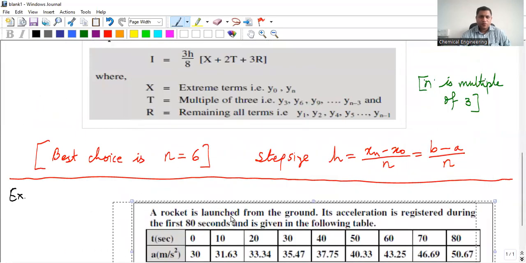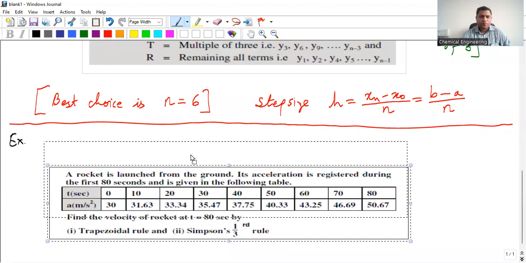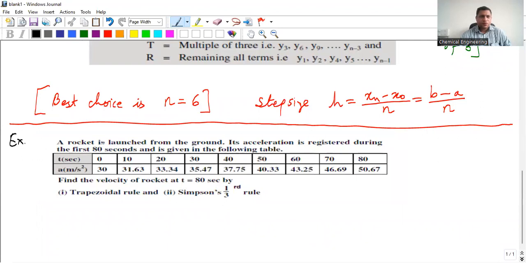Yes, sir. A rocket is launched from the ground. Its acceleration is registered during the first 80 seconds, and the data recorded is given in the form of a table. Now we have to find the velocity of the rocket at t equal to 80 seconds.